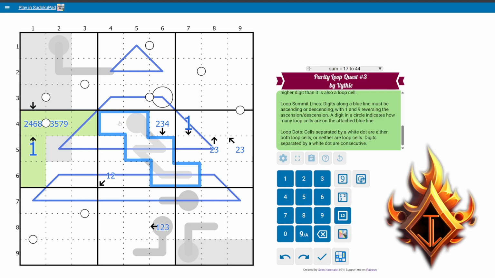This would not be able to touch, because then how are we going to satisfy these arrows and get back out? We're not going to. So this would have to go up. Then it would have to go like that.